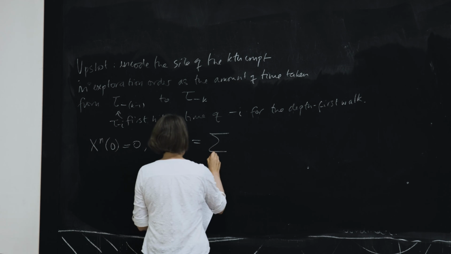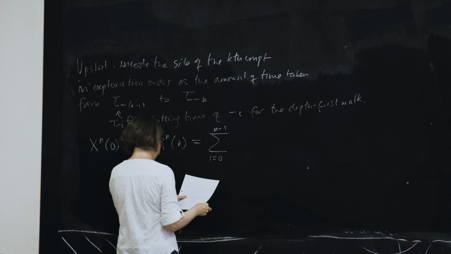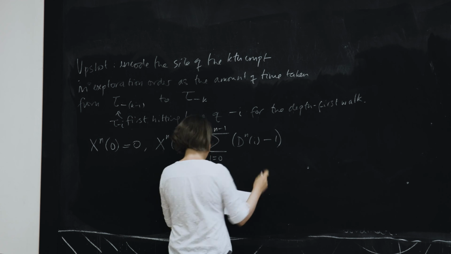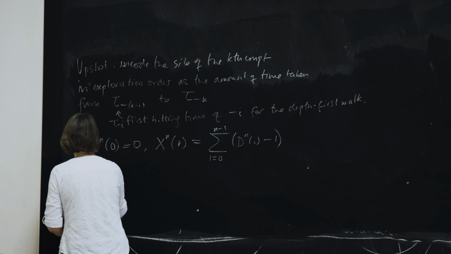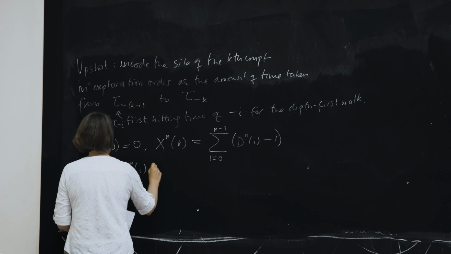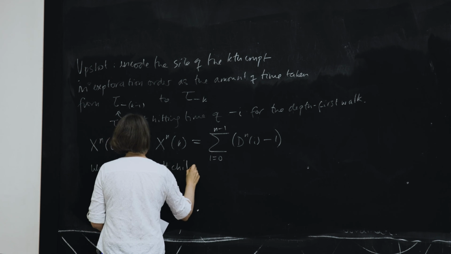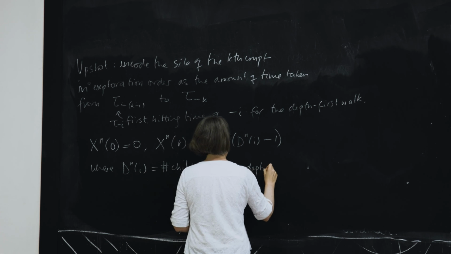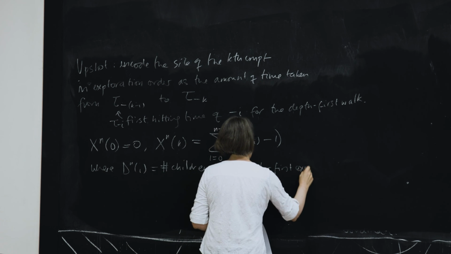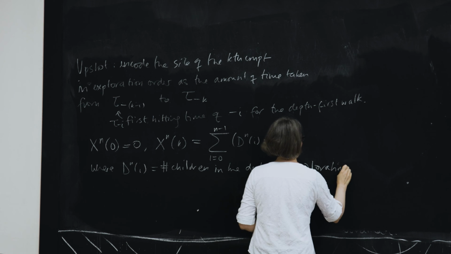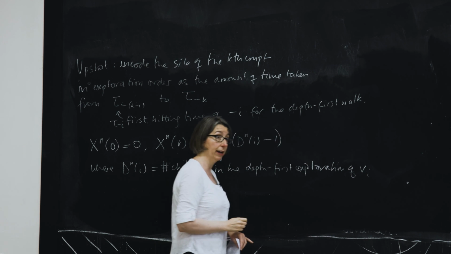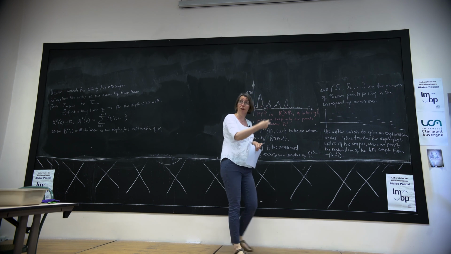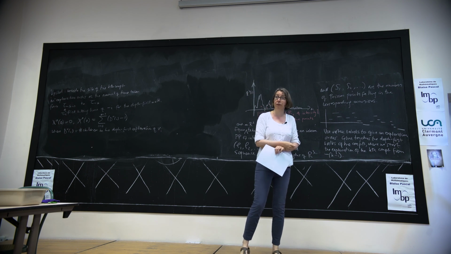So what am I doing? I'm just summing up again from i equals 0 to n minus 1, d_n of i minus 1, where d_n of i is now the number of children in the depth first exploration of the vertex v_i, where v_0, v_1, v_2, and so on are just the vertices in the order that I visit them in this depth first exploration.